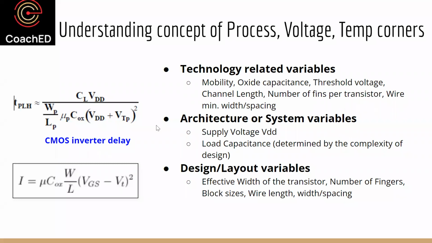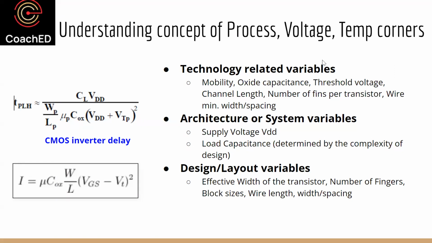So when we are designing chips, we look at these parameters: process, which is coming from technology; voltage, which is basically the effect on the voltage coming from anywhere, on chip, off chip; and then temperature. Why temperature? Because let's say you are running in a data center, let's say a server farm, let's say Amazon's server farm, right?